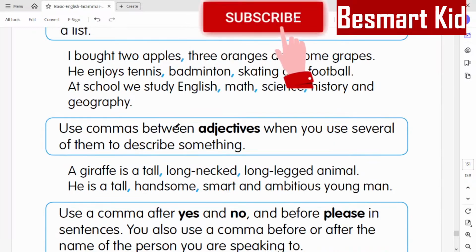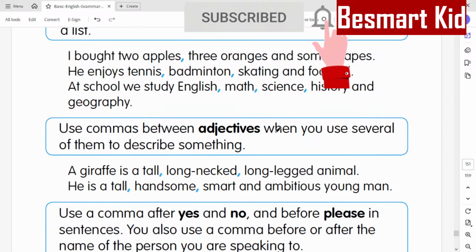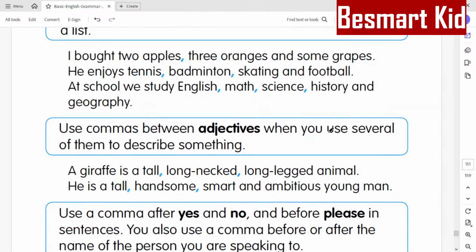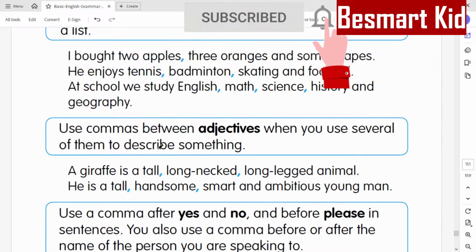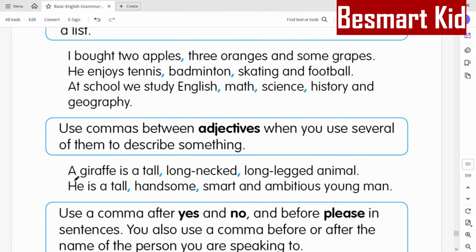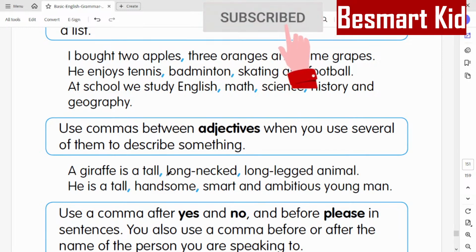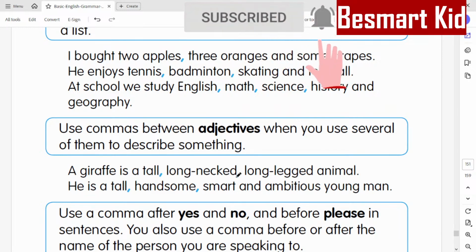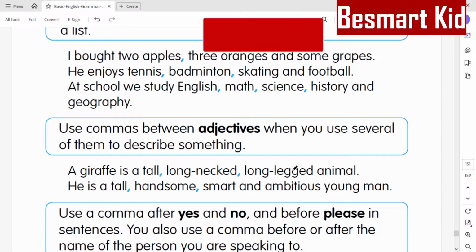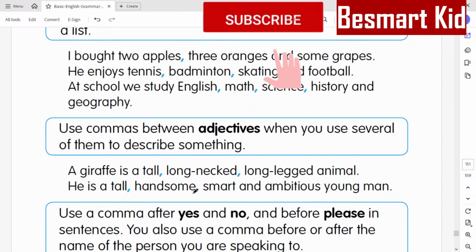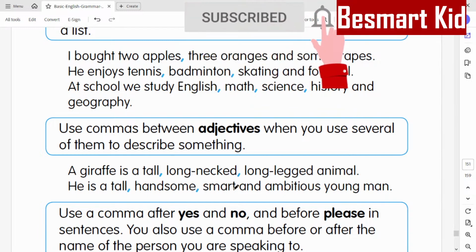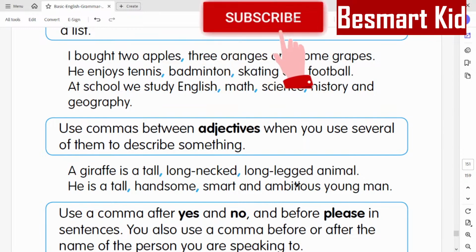Use commas between adjectives when you use several of them to describe something. A giraffe is a tall, long-necked, long-legged animal. He is a tall, handsome, smart, and ambitious young man.